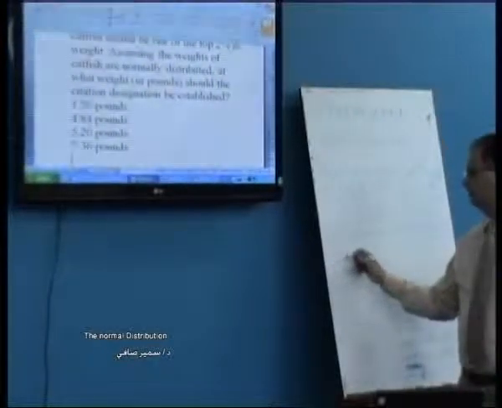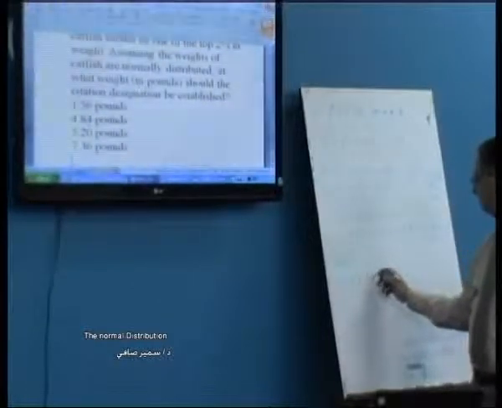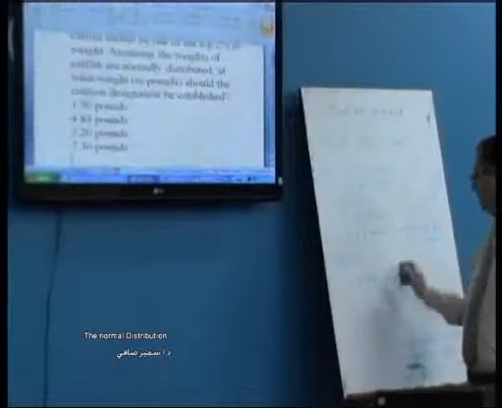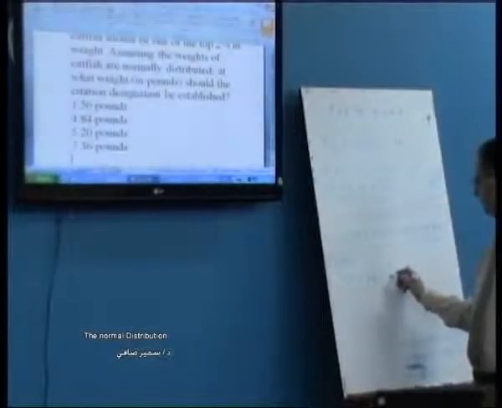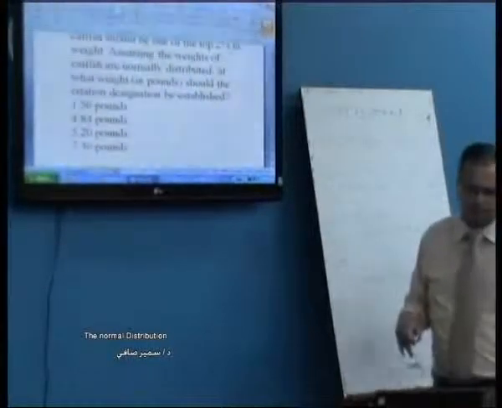Just check. The probability of x greater than this value should be 2%. So the probability of x greater than this value should equal 0.02.